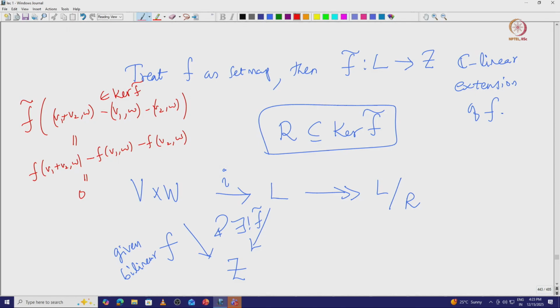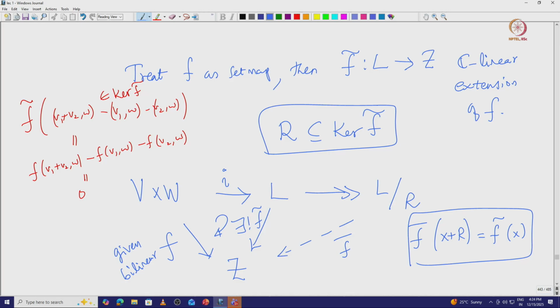That means the map F tilde naturally factors through L modulo R. So you get this factorization, which we will call F bar, and F bar of x plus R is defined to be just F tilde of x. This is how the factorization works, such that this diagram commutes.